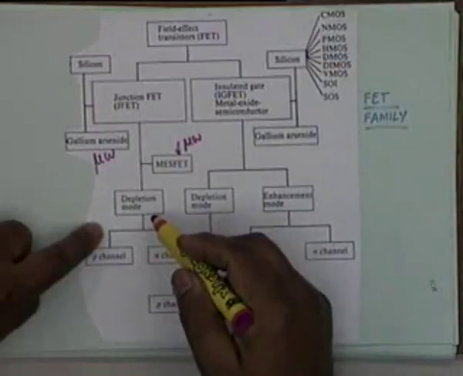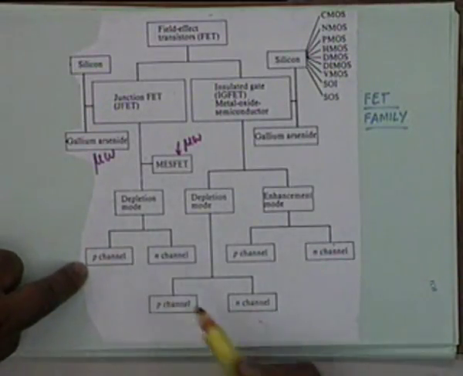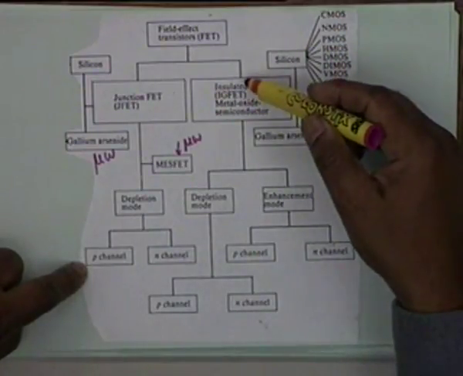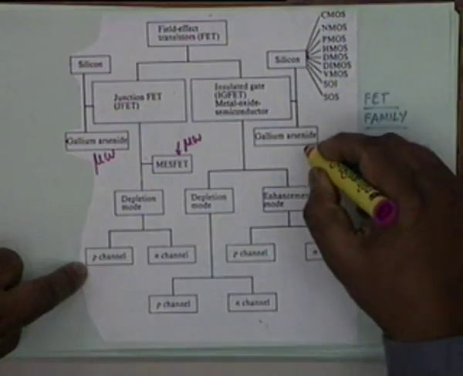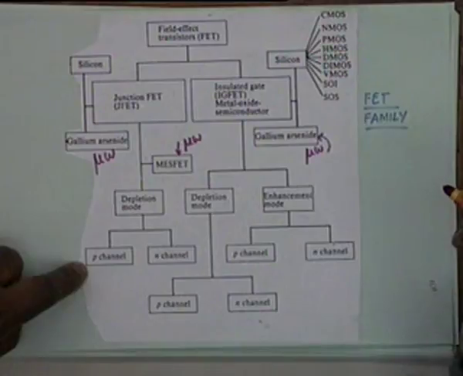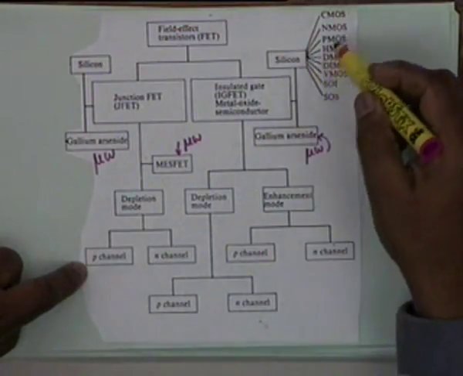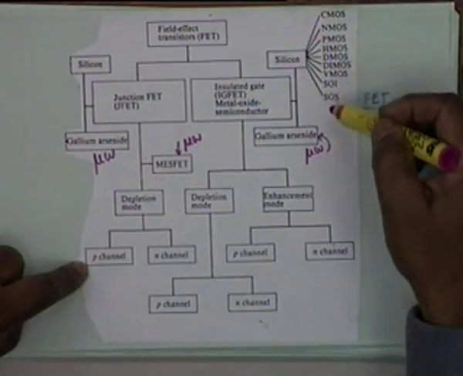Now, as I said, junction FETs occur in depletion mode, and they could be either P channel or N channel. On the other hand, MOS can again be made of silicon or gallium arsenide. Gallium arsenide, once again, is of applicability in microwaves. All right. In silicon, there are various types of FETs. These are some of the samples.